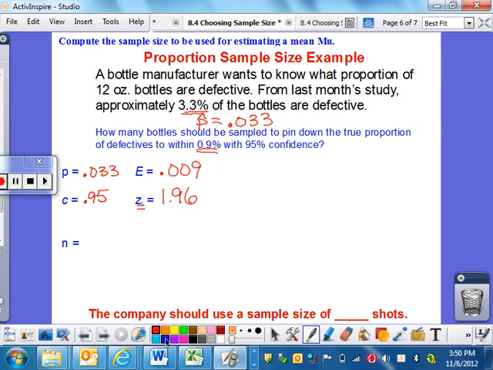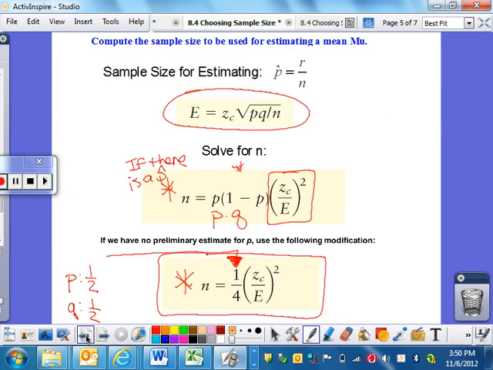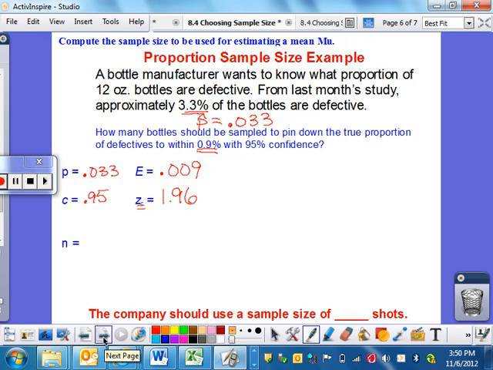All right, and now that you have all the information you need, we need to find that formula. So when I go back, it's a proportion. I have percentages. I have a point estimate. So I'm going to use this formula right here. I need to figure out your p times your q. So what's my p? 0.033.